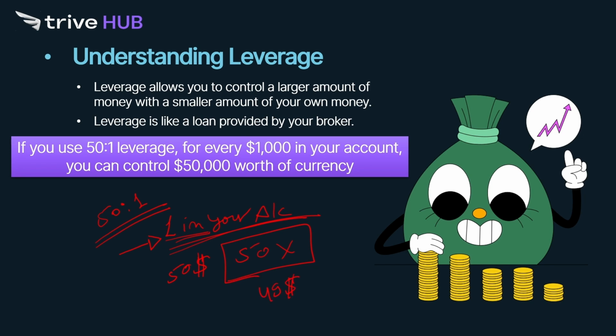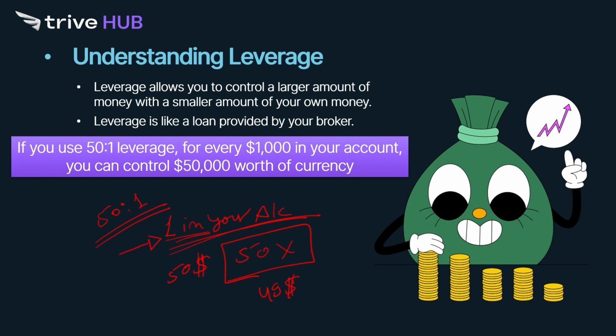Let's see the benefit and risk. Leverage can significantly increase your profits, but it can also increase your risk, so you have to manage it very carefully. A 1% move in a $50,000 position with 50:1 leverage equals $500 profit or loss.